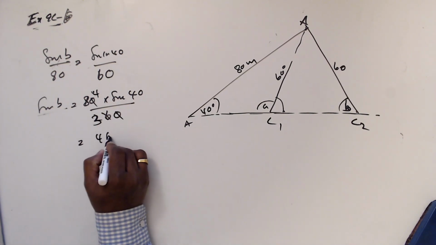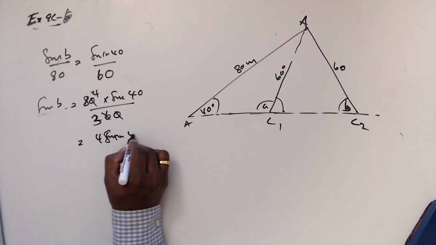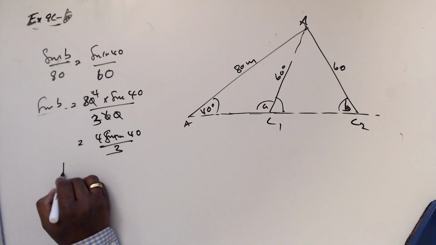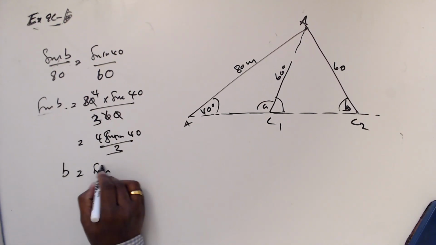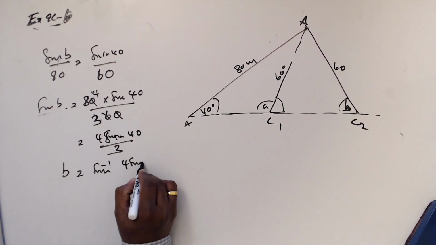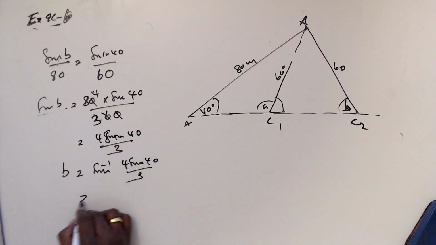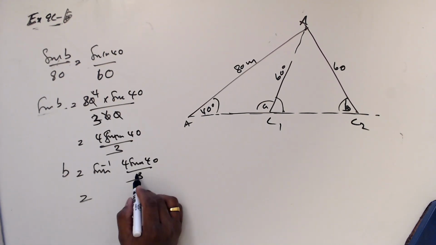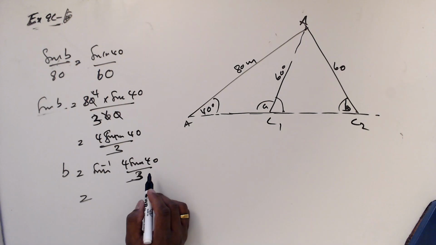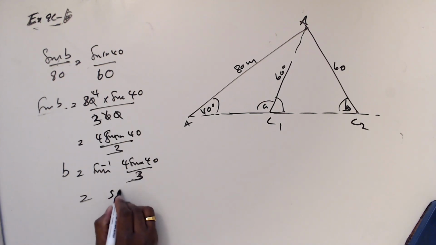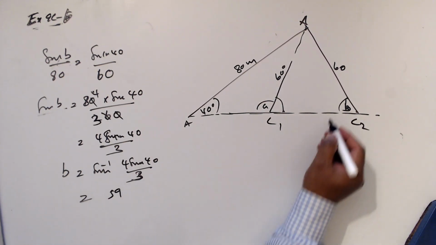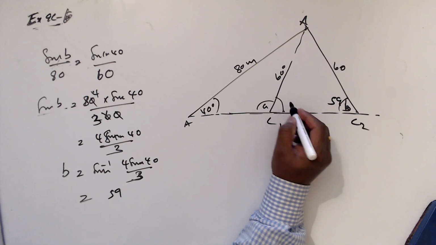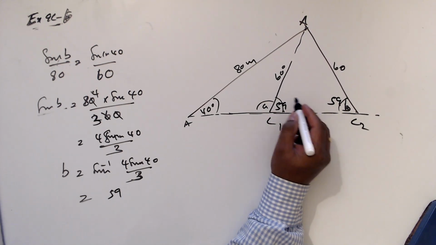So 4 sine 40 over 3. B equals sine inverse 4 sine 40 over 3. So B is 59. Now this is 59 and this is 59 as isosceles.